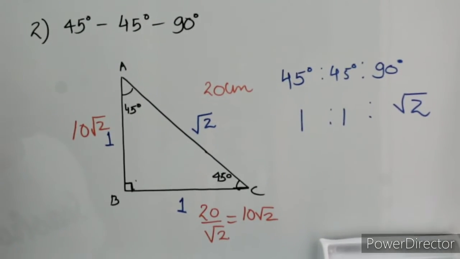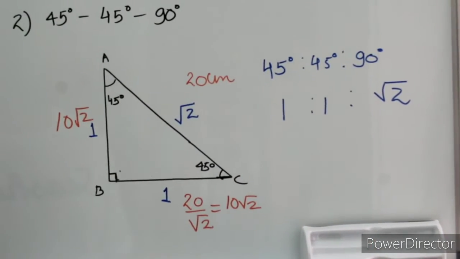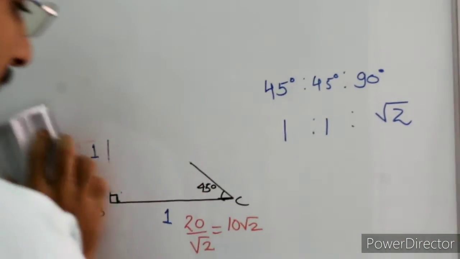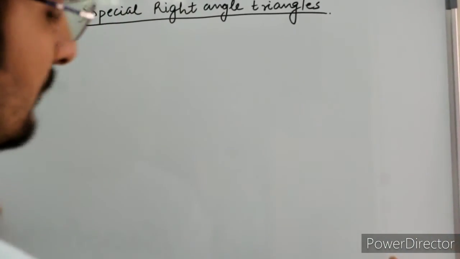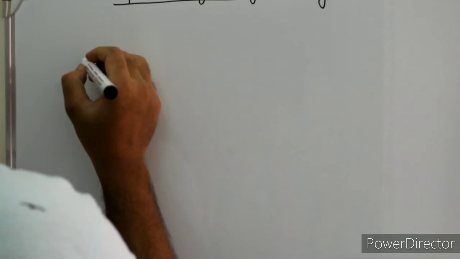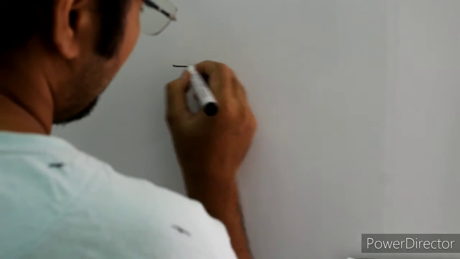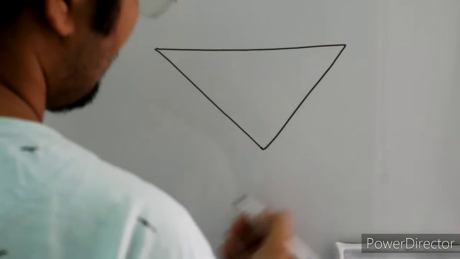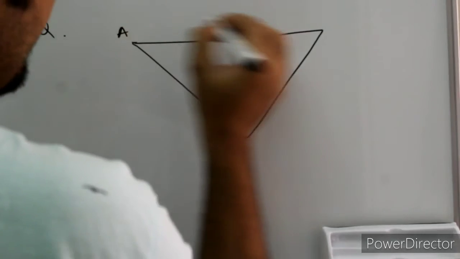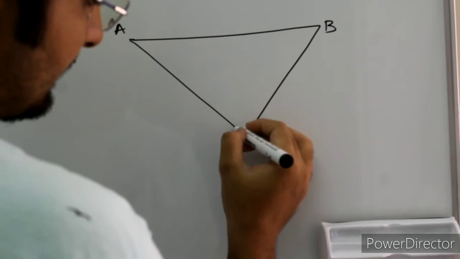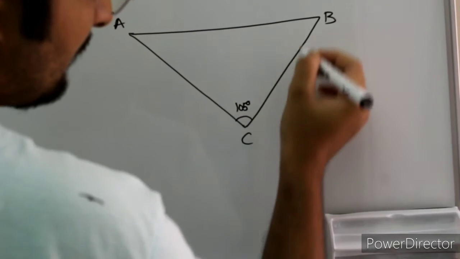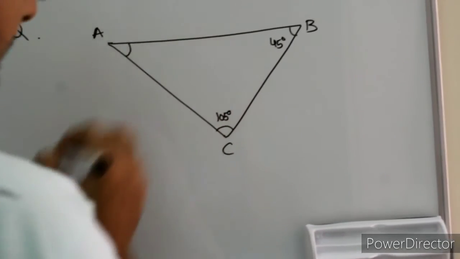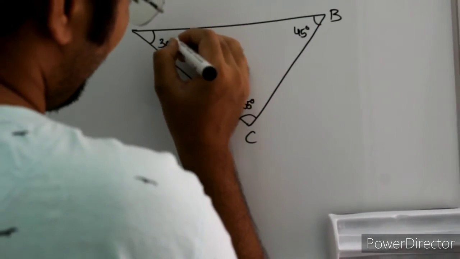Okay. Now guys, let us do one question. I hope you all must have noted down this whole thing. The question is, this is triangle ABC. This angle is 105 degree, this angle is 45 degree, and this angle is 30 degree.